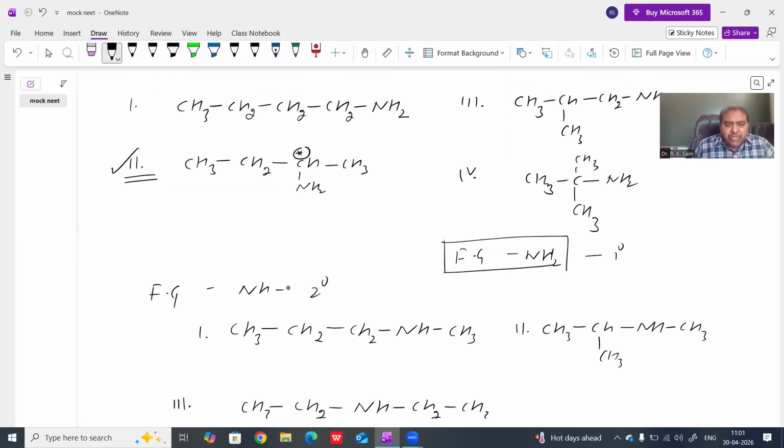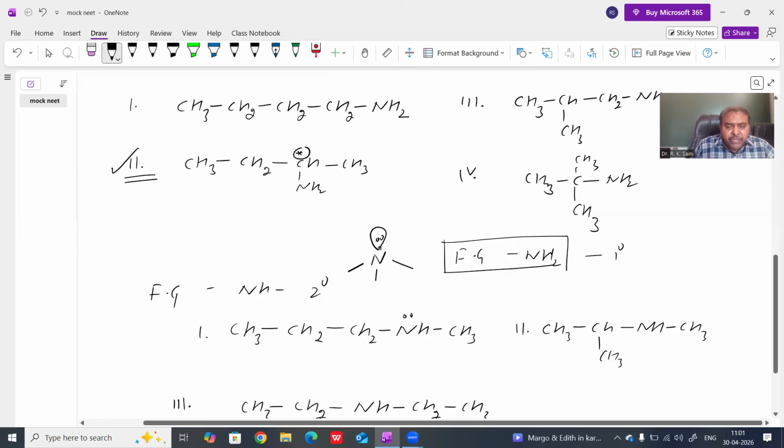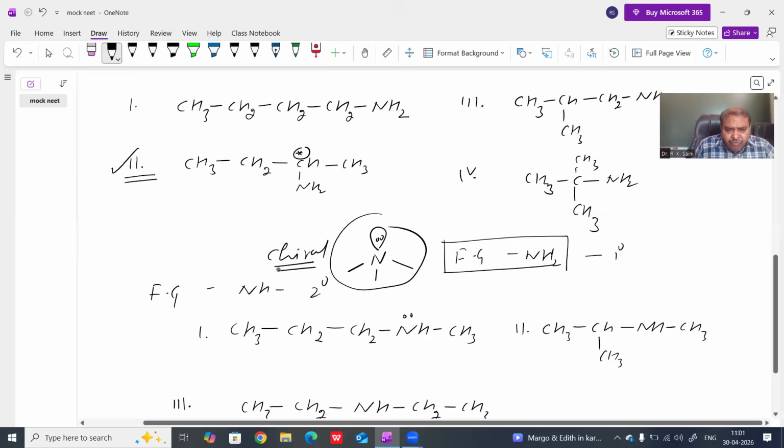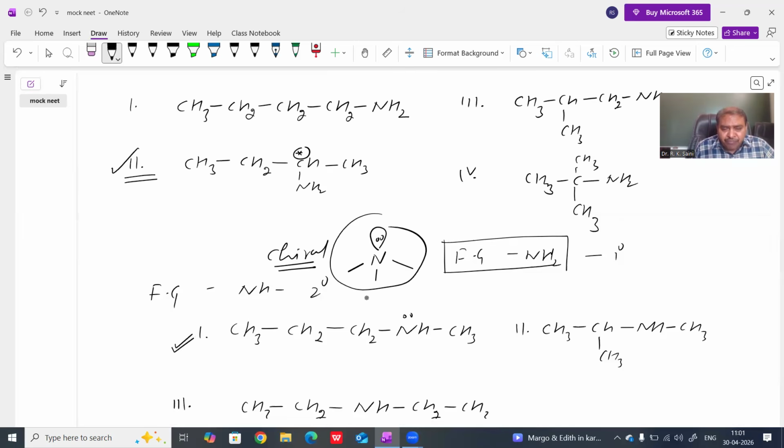Now, if all 3 valencies of nitrogen are satisfied with different atoms or groups, then with the lone pair of nitrogen, this structure is also considered chiral. Therefore, this amine is also chiral, but such chiral nitrogens are rapidly interconvertible to each other, or flipping is there, and hence the molecules are non-resolvable.